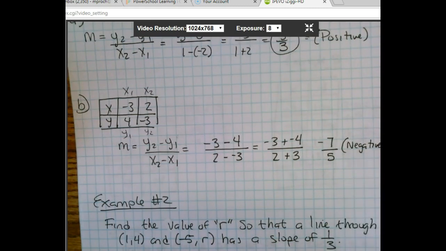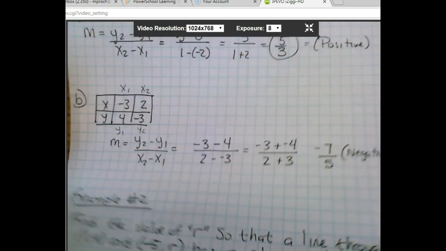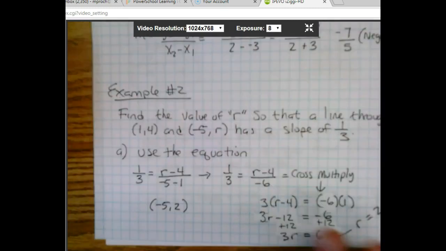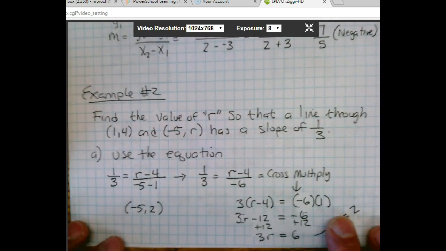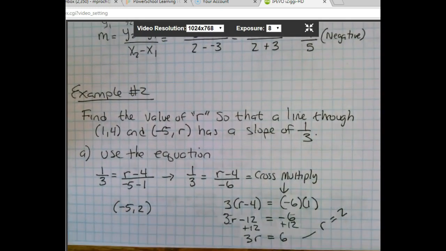Okay? And one more example of something you could be asked to do with slope, a little bit more complicated, really testing your algebra abilities. This says find the value of r so that a line through (1, 4) and (-5, r) has a slope of 1/3. So we need to find the value of one of those coordinates.